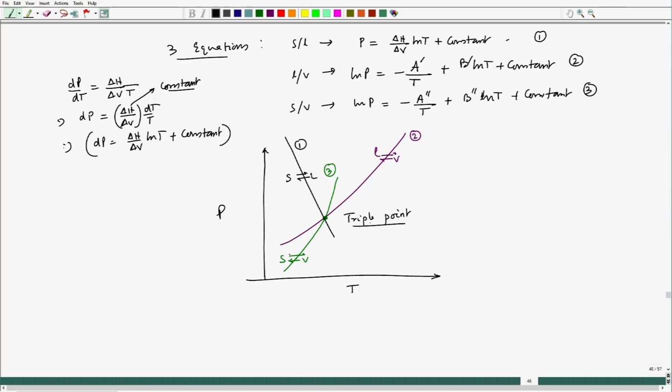We will talk about this triple point later. Now, you see that all those lines are extending into the single phase zone also. So, here it is solid, here it is liquid, and here it is vapor. If I do not extend those lines into the single phase zone, and only remain in the two phase zone, then I will get a plot like this.